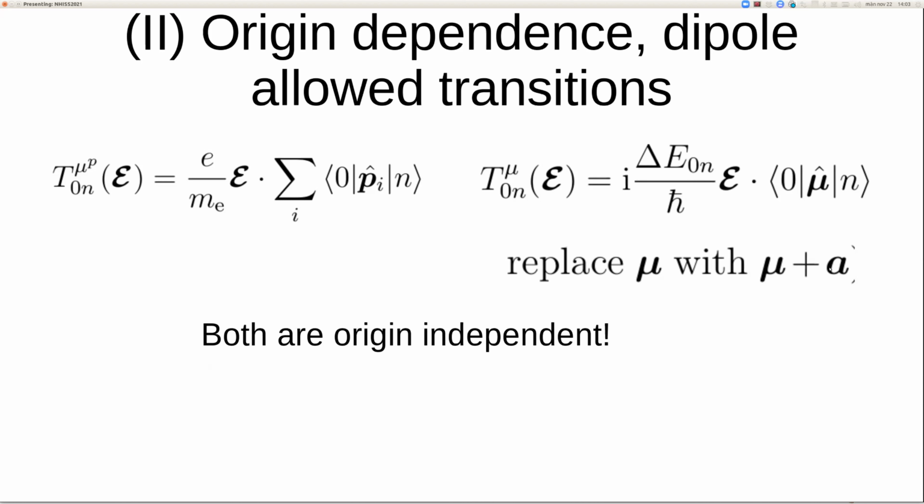However, let me again re-emphasize that these values are not equivalent unless, of course, you're using exact wave functions and exact energy differences. And for some odd reason, we tend to like to use this guy, the dipole approximation, rather than the momentum representation.